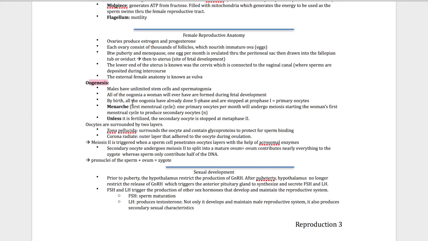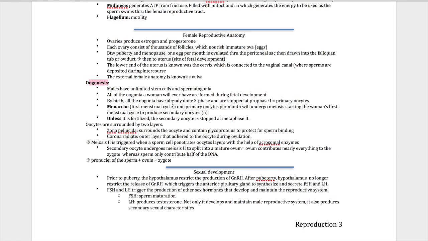We, as males, have unlimited stem cells, right? We have unlimited sperm cells. All of the oogonia a woman will ever have will form during the development of the baby, right?